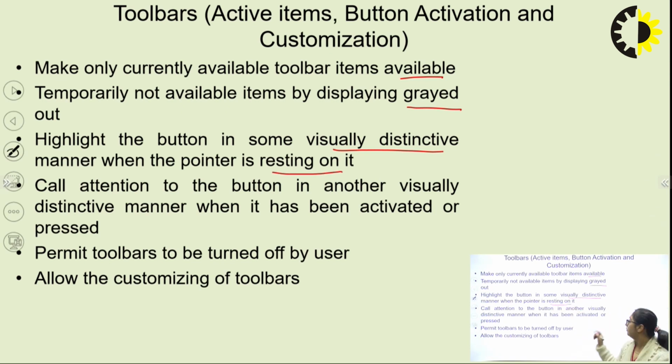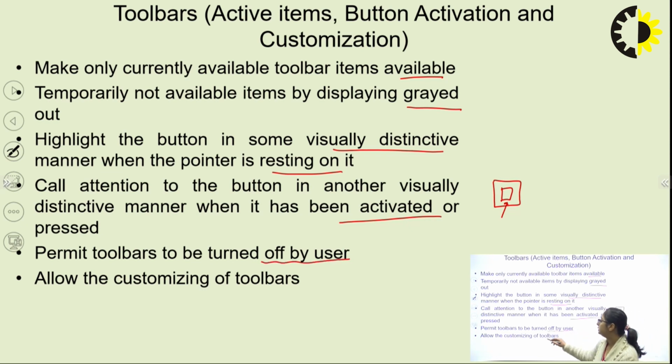Similarly, when you point your pointer at an icon in the menu bar, it will highlight, which means that when you select it, the action will be performed. Call attention to the button in another visually distinctive manner when it has been activated or pressed, and permit the toolbar to be turned off by the user.